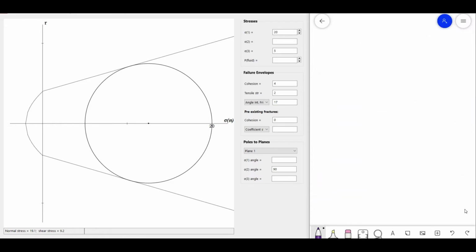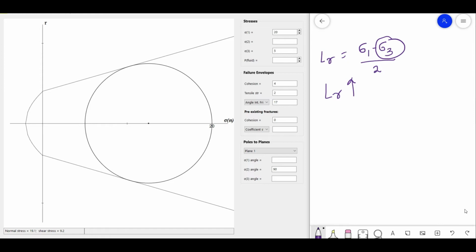The first one is by increasing sigma 1, and the second one is decreasing sigma 3. We know that the length of the radius is equal to sigma 1 minus sigma 3 divided by 2. So by keeping sigma 3 constant, if we increase sigma 1, then the length of the radius will also increase.